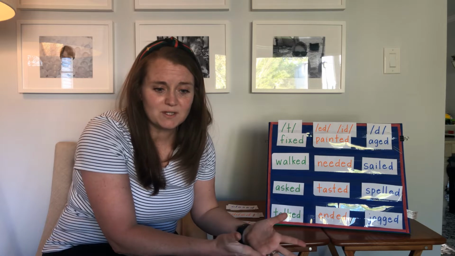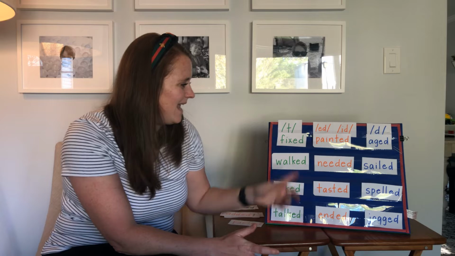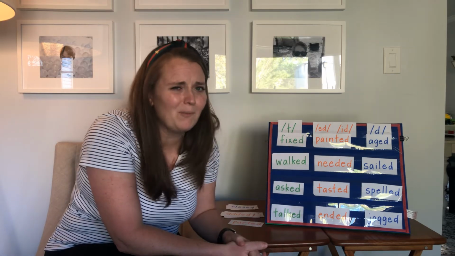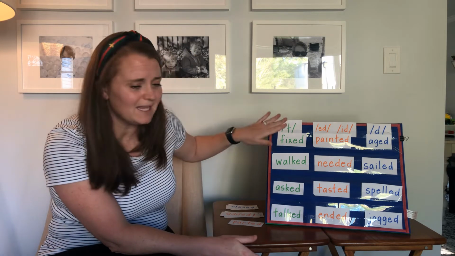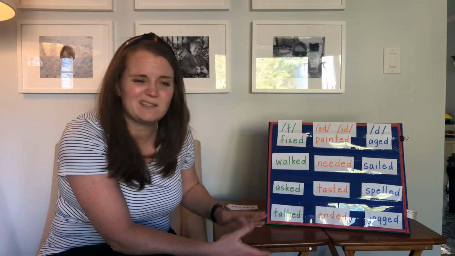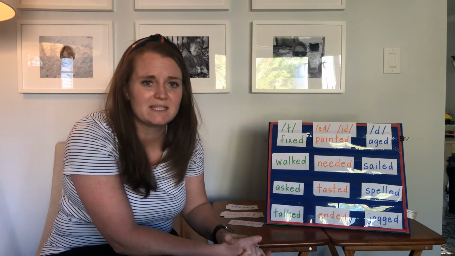So we have these words sorted, and now I'm thinking about what makes the endings sound different. They all have ed at the end, but why do they all sound different? For example, if I'm looking at the letters in the t column, I'm just noticing what about those words might make the ending sound like t.